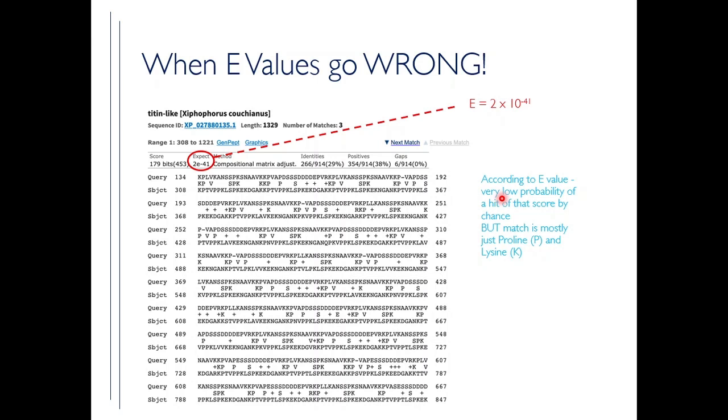As I said, there's no real cutoff. Use the e-value to inform your decision making, but don't use it as a binary cutoff value to tell you whether something is indeed a homolog or not.